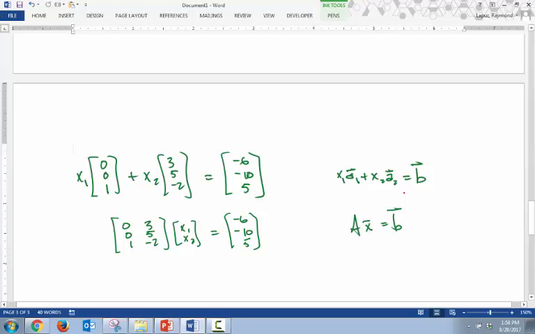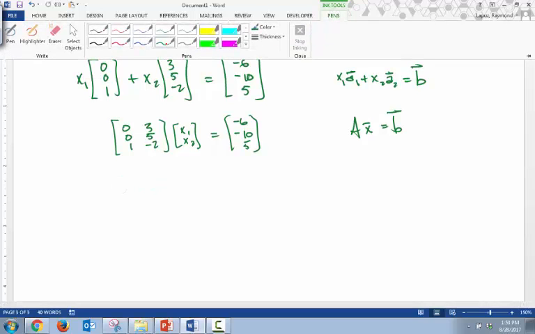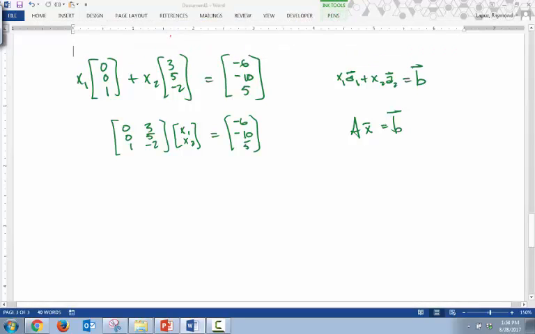And then we can try to solve for this if we write it as an augmented matrix.